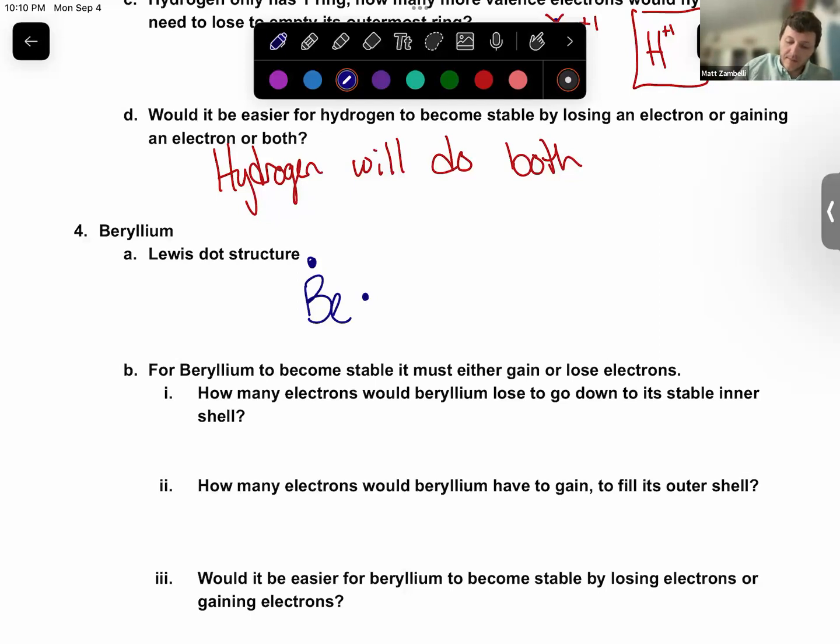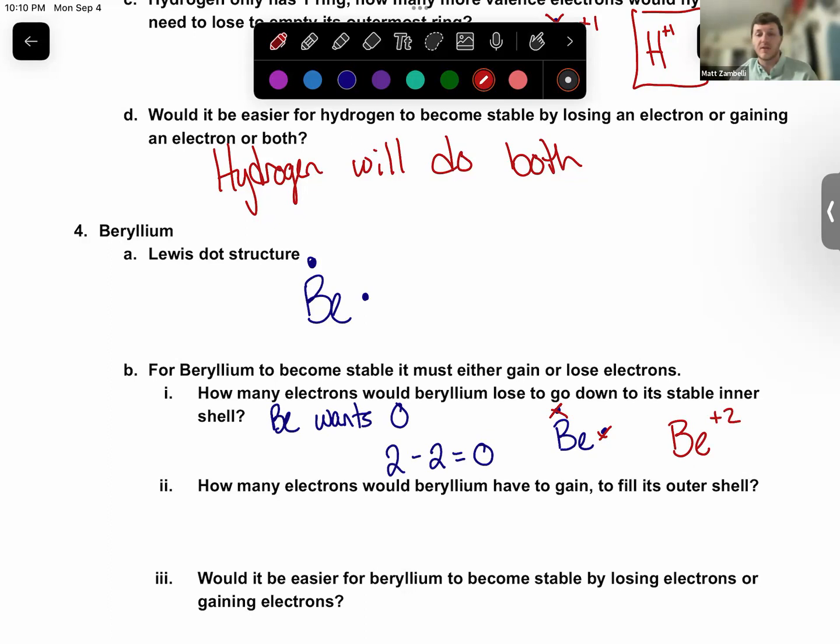Beryllium wants 0. And if it has 2, we have to take away 2 to get to 0. So we go from beryllium with its 2 valence electrons, and those both go away to become beryllium with a positive 2 charge because it lost 2 negative charges. So that is one option.